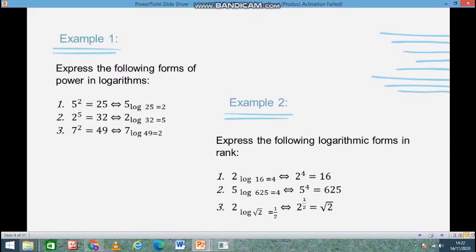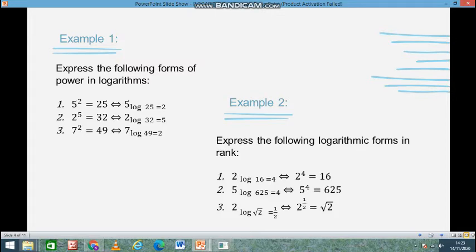Example 2. Express the following logarithm forms in rank. So, if in example 1 the power is changed into logarithm, then in example 2 it is the opposite.